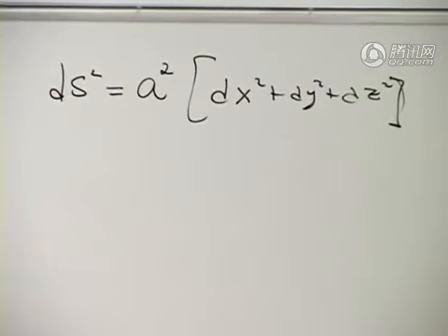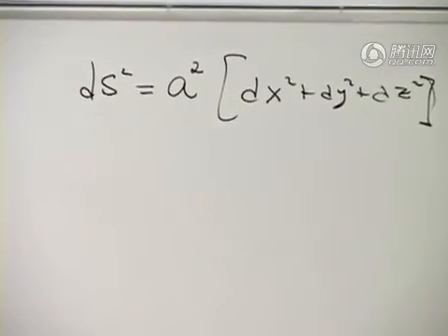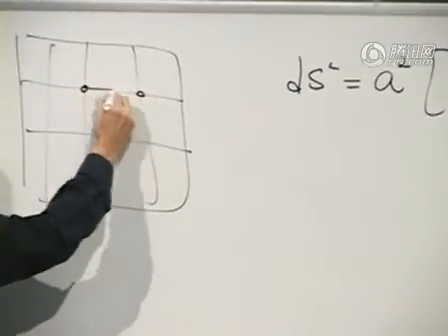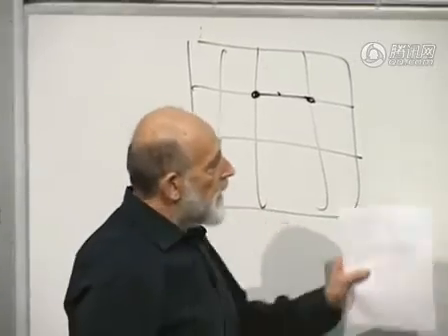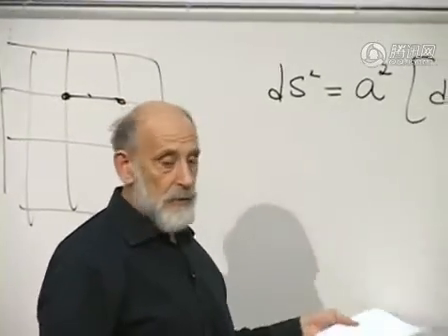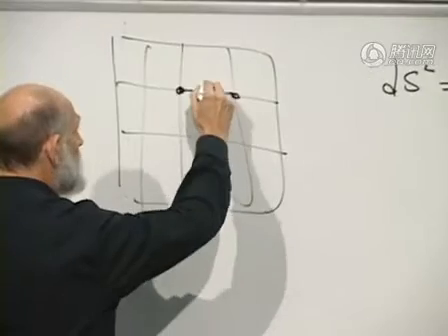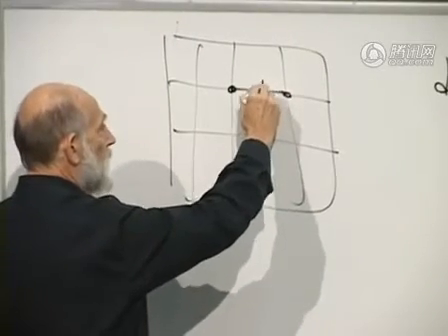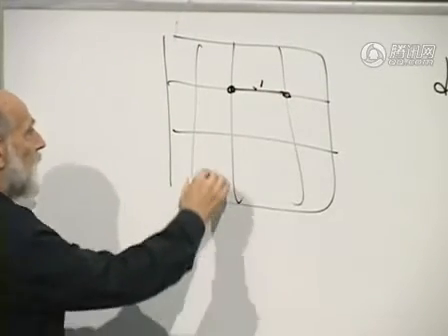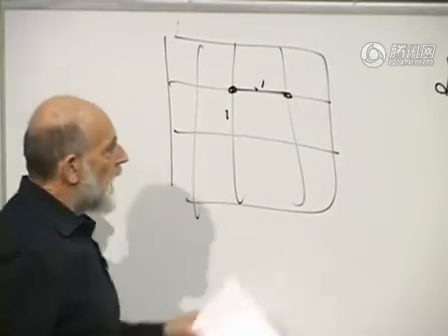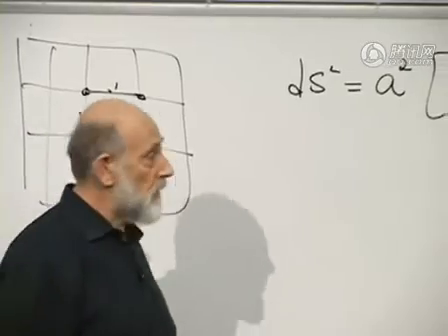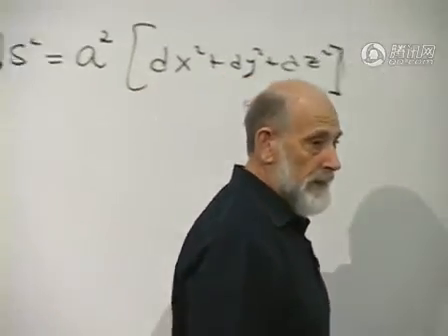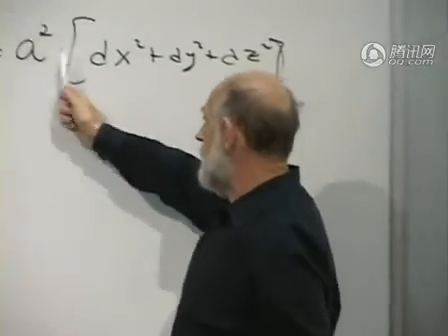What does it stand for? It stands for the distance measured in meters between neighboring points separated by a coordinate distance delta x equals 1. So if the coordinate separation is 1 unit on each side, then a represents the distance between neighboring points on this grid. And it goes out here in front in the metric.